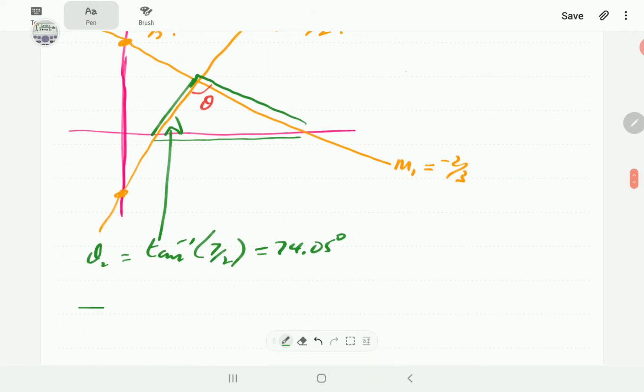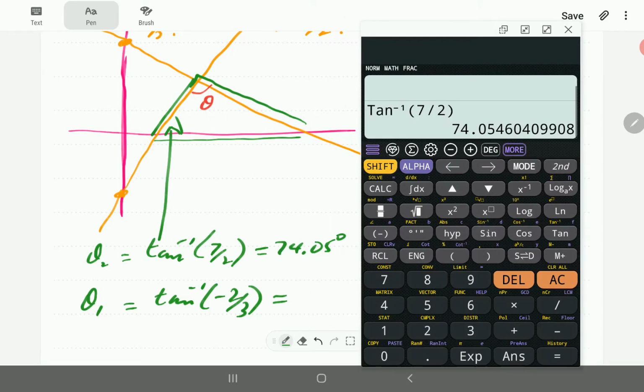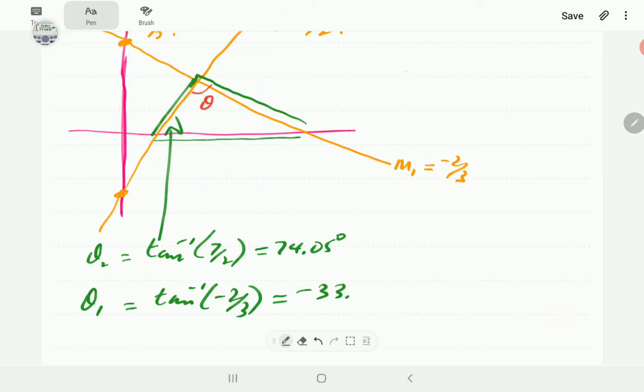And then for the first line, inverse tangent -2/3 is -33.69.